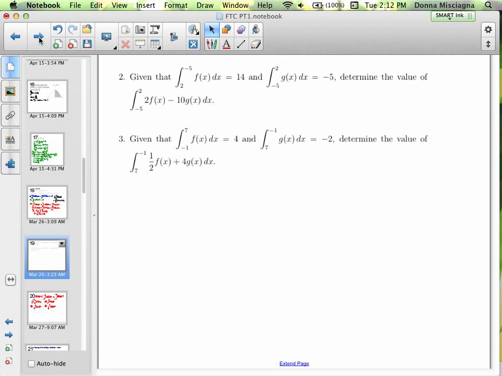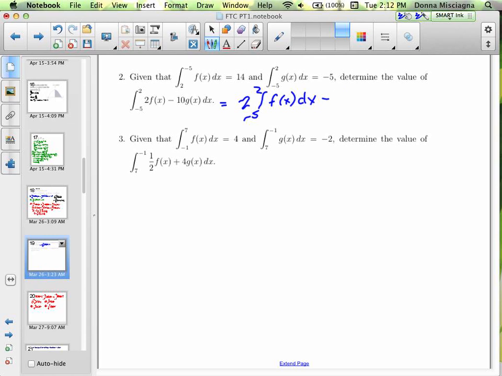All right, so all we have to do here is combine them, right? The integral of a sum is the same as the sum of the integrals, and the coefficient can be pulled out. So this is the same as 2 times the integral of f of x dx from -5 to 2 minus 10 times the integral of g of x dx from -5 to 2.